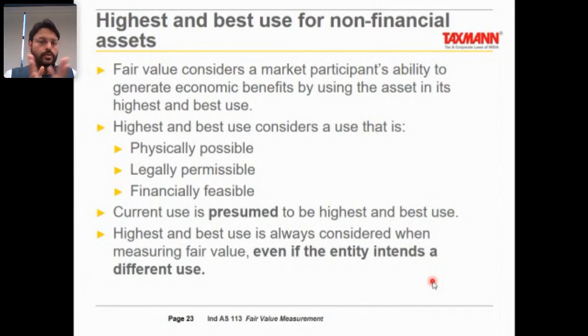So now the task is simplified. So whatever is the current use is assumed to be the best use unless there are contrary views available. So highest and best use is always considered when measuring the fair value, even if the entity intends a different use.